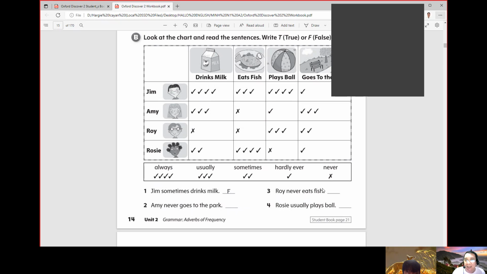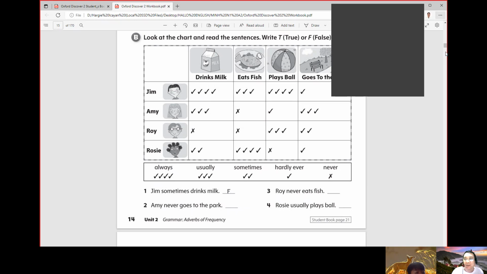Okay, very good. So we've already used the adverb of frequency. When you say adverb of frequency, it's about when you usually perform that particular action.